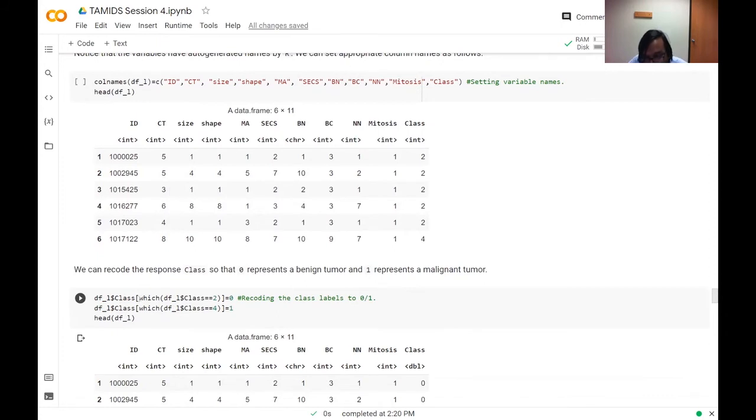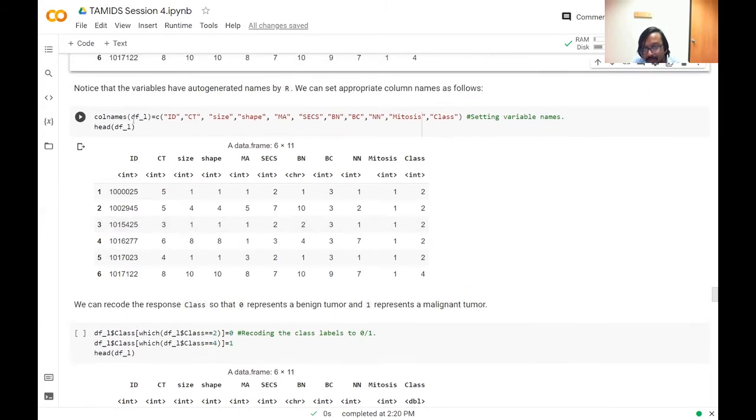I use those observations which have the class label equal to 2. I have accessed that using the which function on df underscore L $class is equal to 2, and I have set the corresponding class values to be equal to 0.